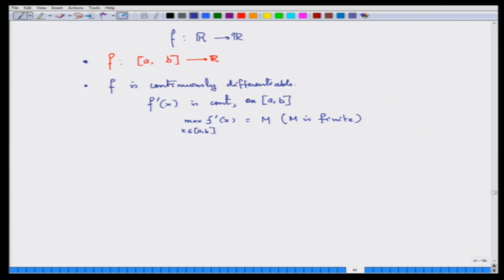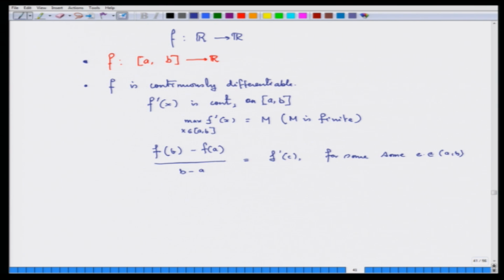So, what is the consequence of this now? The consequence is the following. At the two endpoints I apply the mean value theorem to get f b minus f a by b minus a is equal to f dash c for some c in a b.